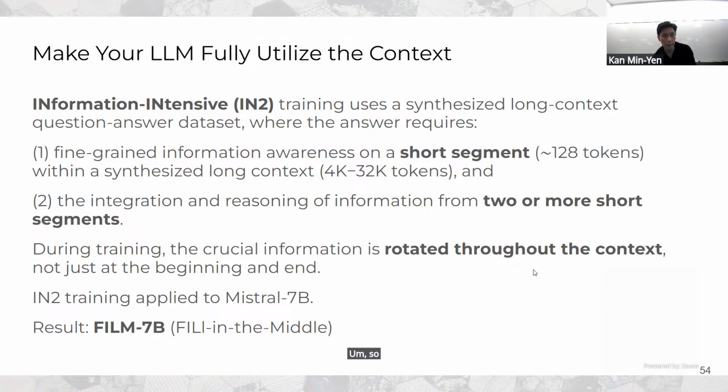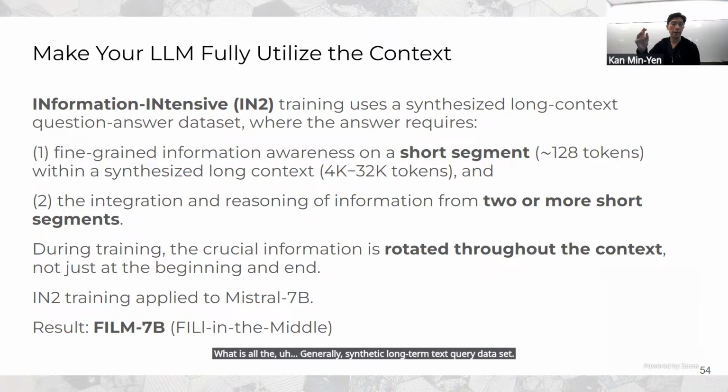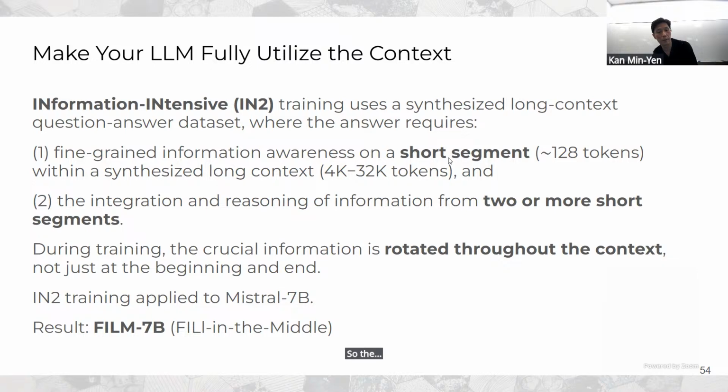So what this fine-tuning method does is that it generates a synthetic long context QA data set, and it requires the correct answer to be a short sequence of roughly 120 tokens within a long context of 4K to 32K tokens.